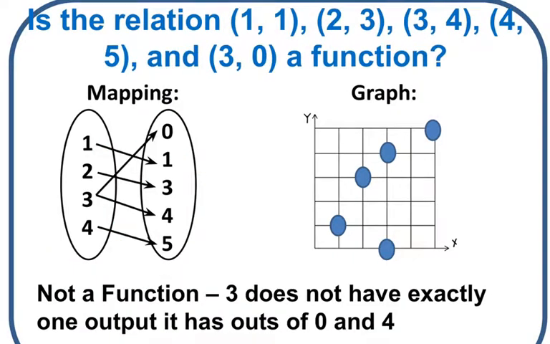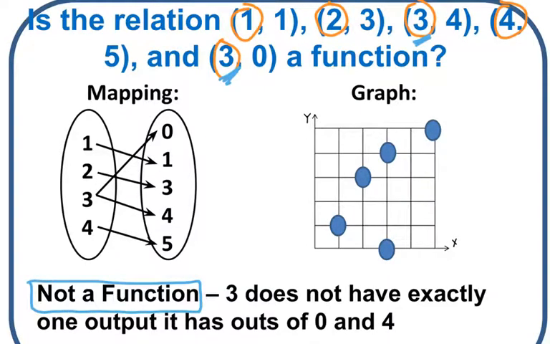Okay, so let's look at the next one. So I'm looking at the relationship here. I'm going to focus on my x values. So I've got 1, 2, 3, 4, and then you'll notice I've got 3 again. So right there, because I have a repeating, it's not a function.